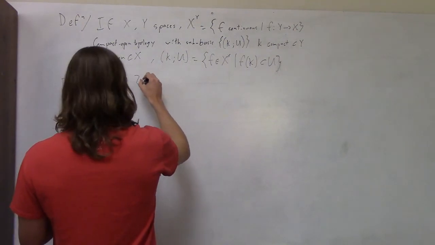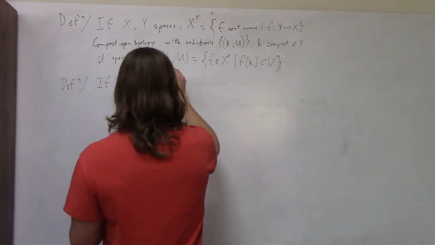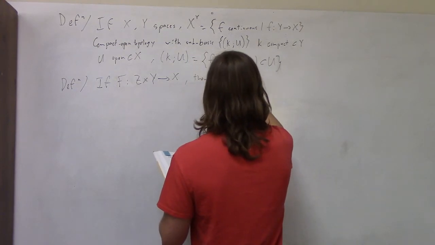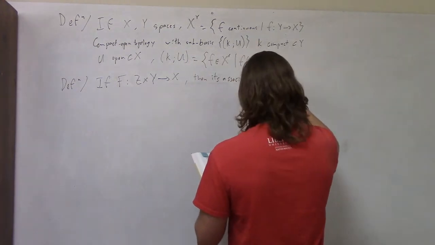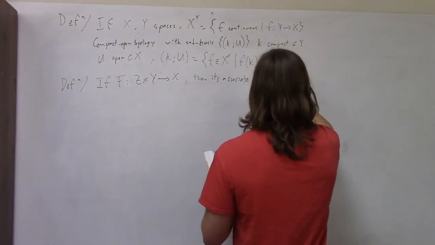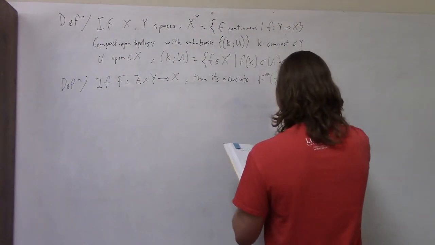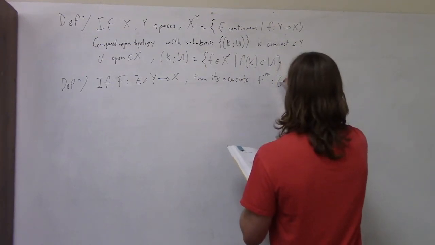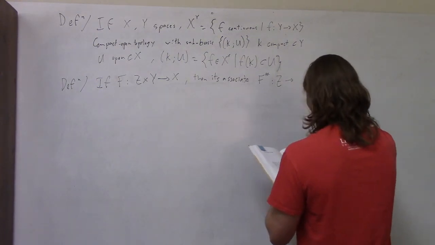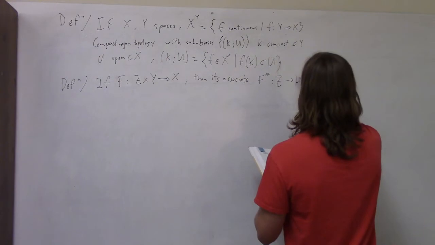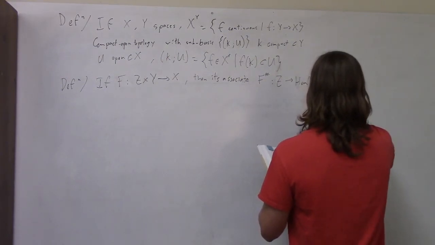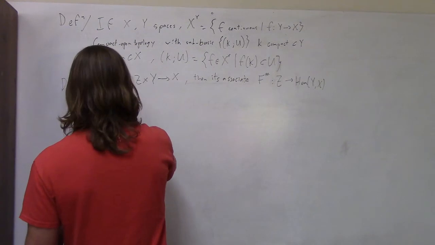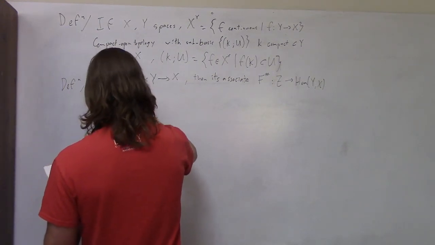F maps from Z cross Y into X, and its associate, f sharp, maps from Z to the space of functions from Y to X. It says the compact open topology on these functions for any space Y is precisely the topology given by uniform convergence on compact subsets.